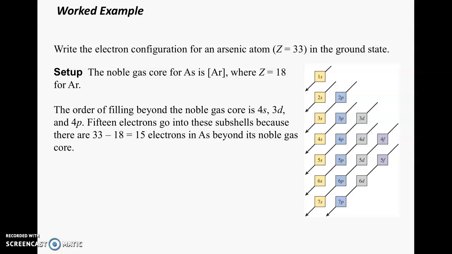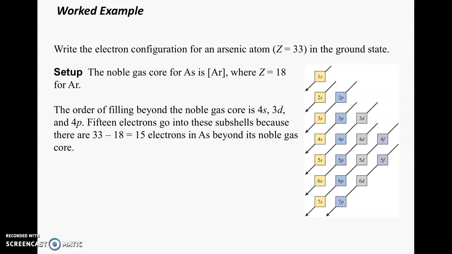Okay, so we're going to write the electron configuration for arsenic. It has 33 electrons, so we're going to use argon as our core. There are 18 electrons in argon, that's all filled. Then we start looking at the filling order for those other 15 electrons.